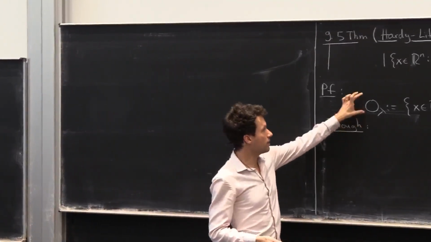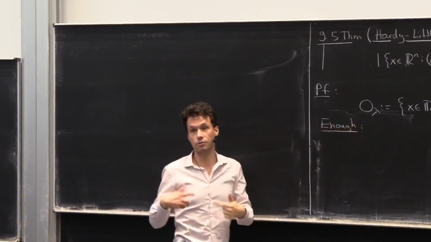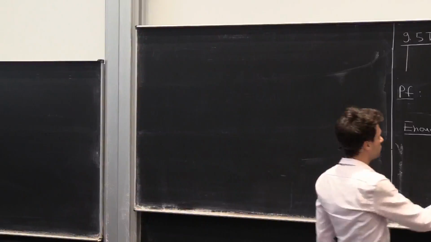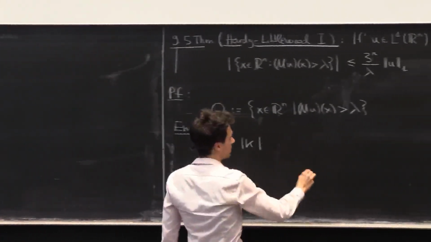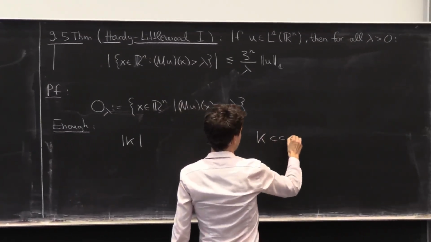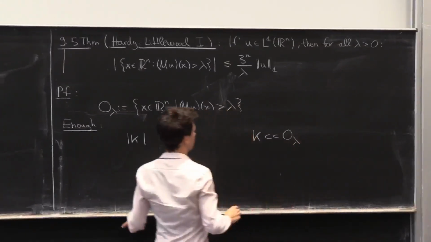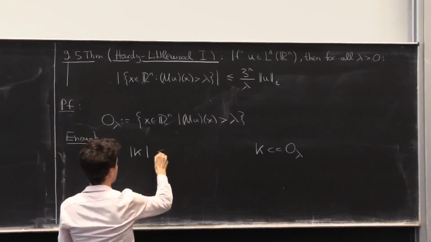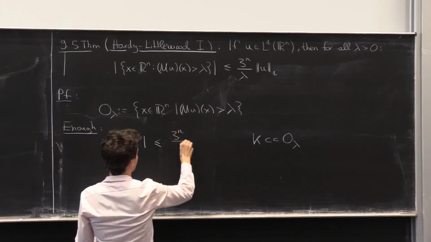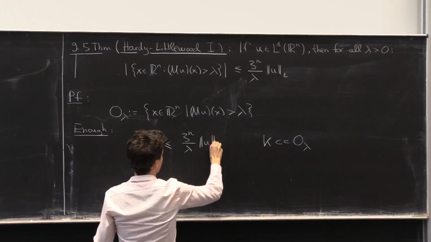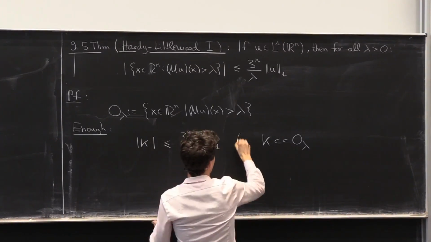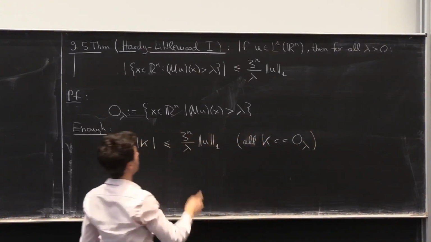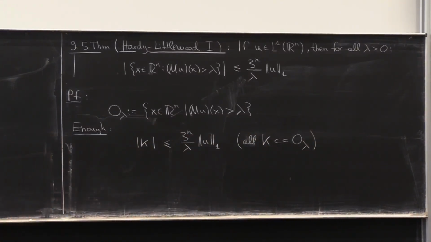And so what I want to do is estimate the measure of this set, and I can use the interior regularity of Lebesgue measure to say it's enough to prove that every compact subset of O lambda, so K is going to be a compact set, is bounded in measure by what I want to prove. If that works for every compact subset of O lambda, then I'm also going to have the bound with O lambda itself.